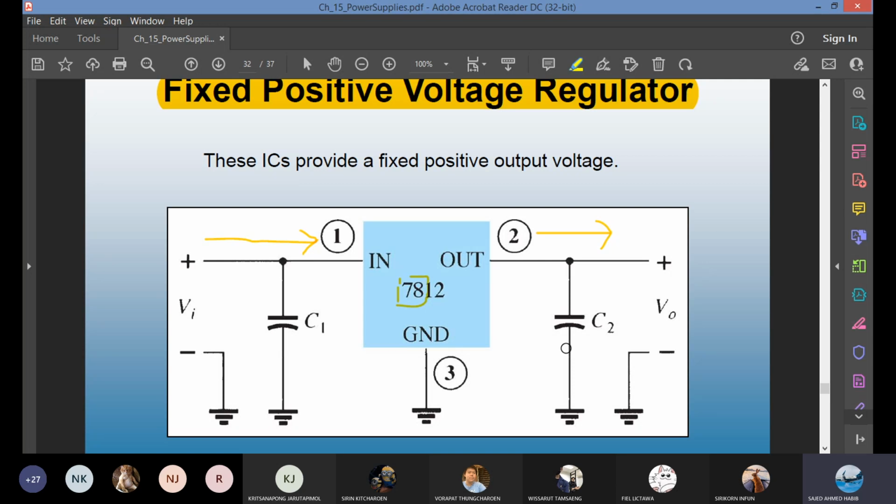We talked about line regulation and load regulation. For a certain amount of input voltage variation, the line regulation will take care of providing a constant output. For a certain amount of variation in the load current, the load regulation will also take care of providing you the fixed DC output.